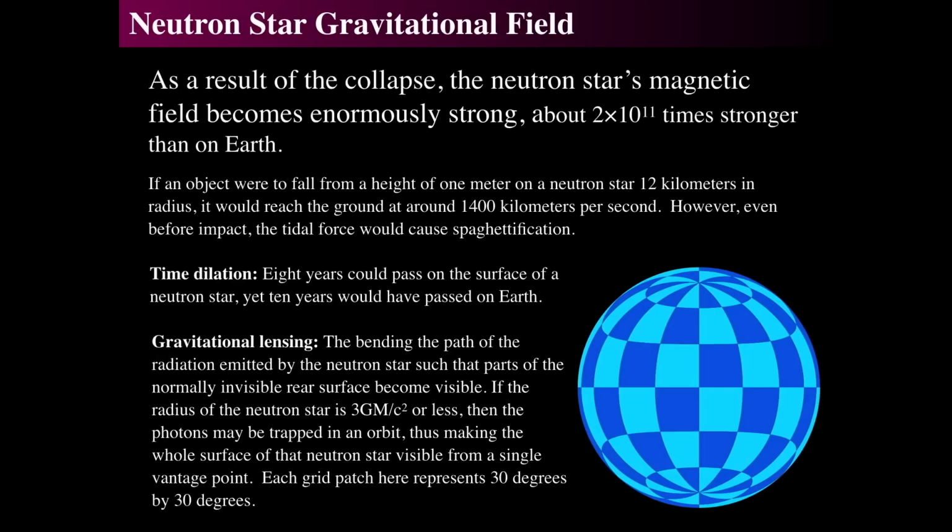In fact, what we see in this crazy little image here is what it would look like if you were at a relatively massive neutron star: you can actually see around the backside of the neutron star because of the bending of the light due to the gravitational field. So each one of these squares is 30 degrees. But you can see past the poles on both sides. So it looks like you can see more.